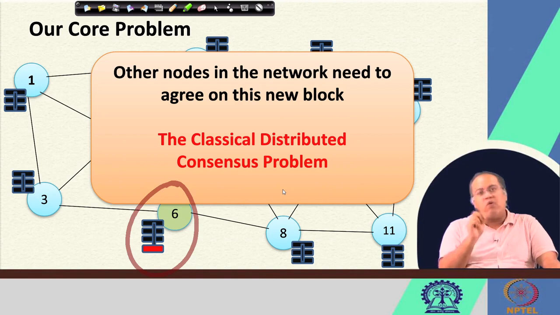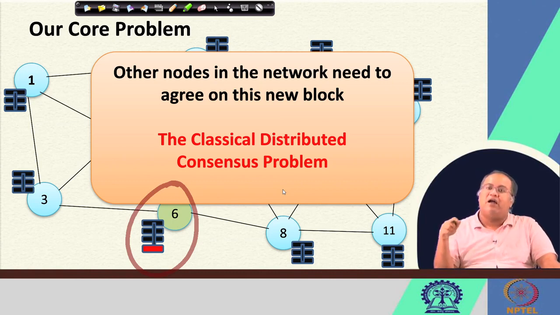Well, so now one of them produces a new block. For example, one of the refineries produces a new block stating the amount of different products that they have produced on that day, and what amount of crude oil they have used to produce those individual products.